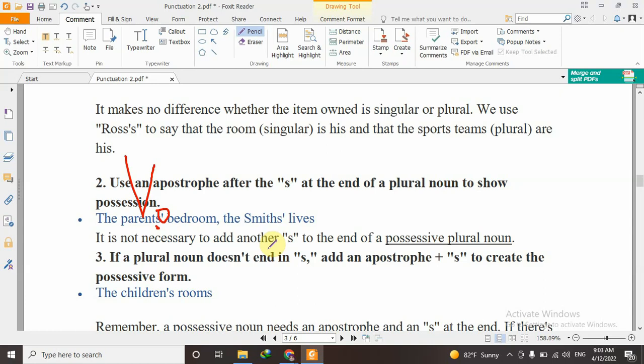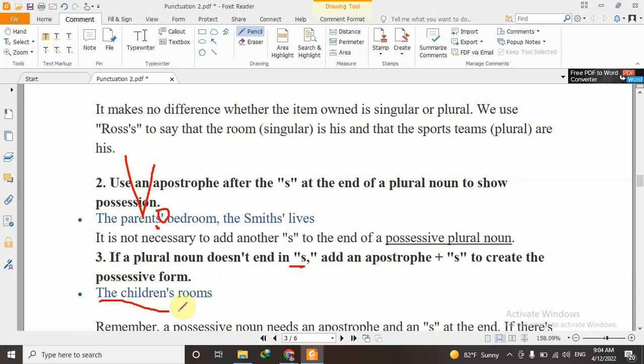So what are we going to do in this case? There is no plural s for them. If the plural noun doesn't end in s, we are just going to add the apostrophe and the s to create the possessive form.